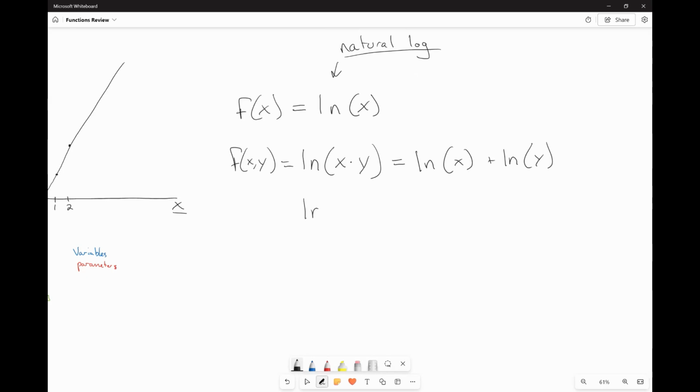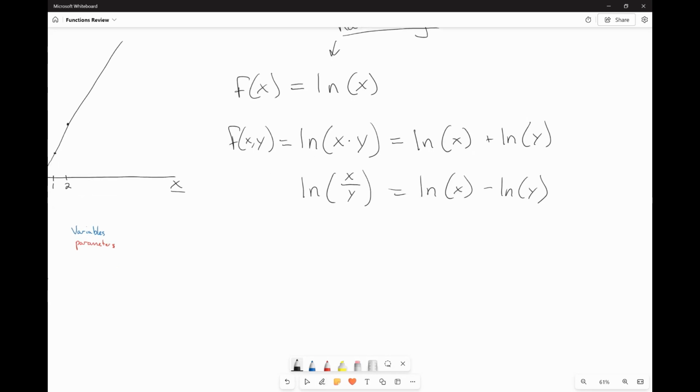Similarly, if we had the natural log of x divided by y, that's actually equal to the natural log of x minus the natural log of y. This is a surprisingly powerful and useful tool when working with the natural log function.